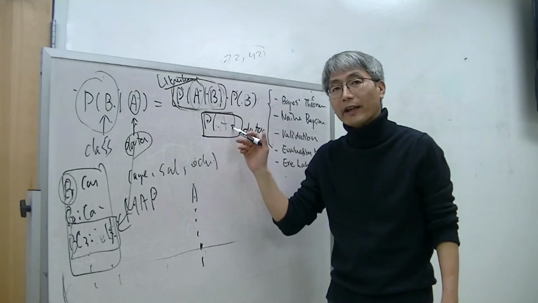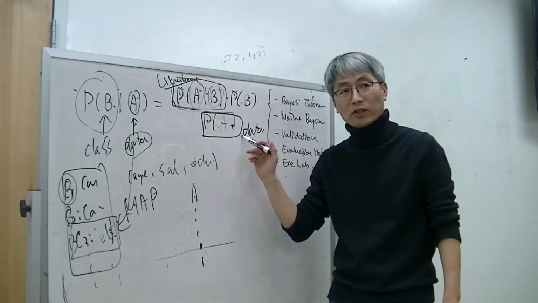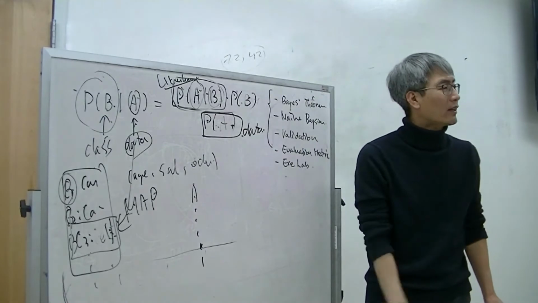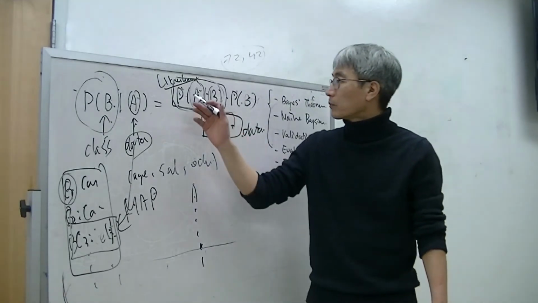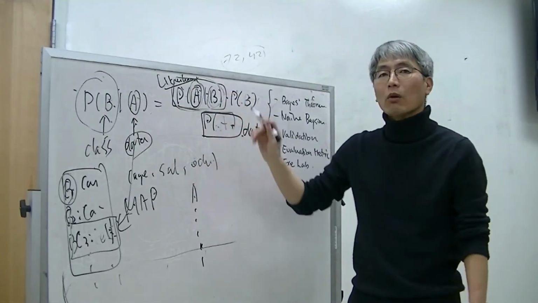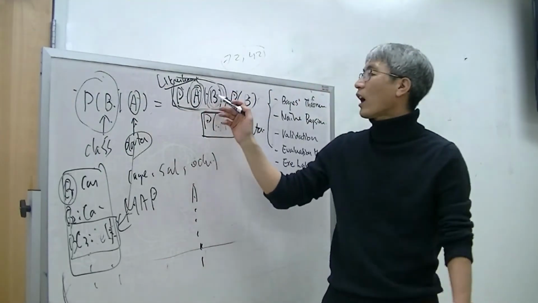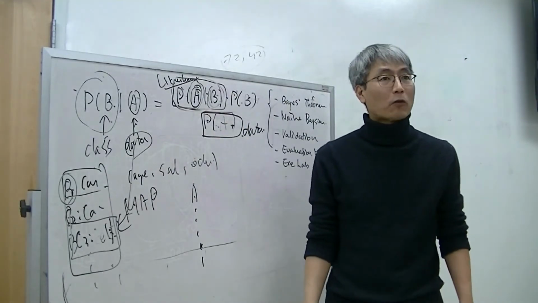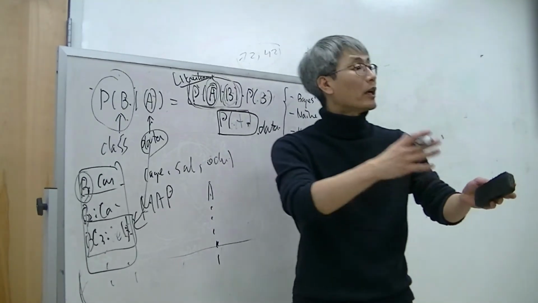So P of A, later we will see it because it's a little bit confusing. Just understand P of A is the data. Then when a person is coming, we know which items this person purchased before. Okay, how many? Many.